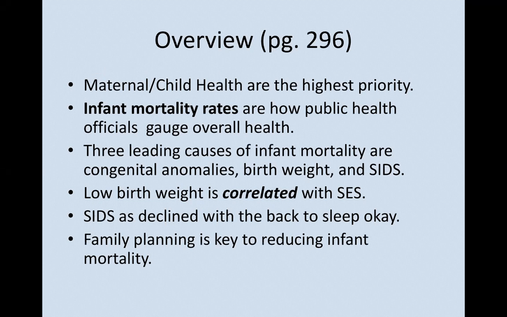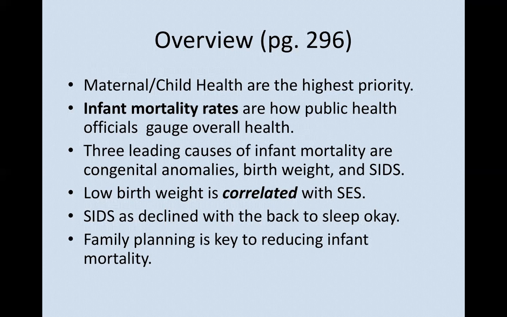So I told you that infant mortality rates are how public health officials gauge overall health, and that low birth weight is correlated with socioeconomic status. So what that means is that the lower the income, the lower the birth weight. And I'm going to tell you that one of the 3 leading causes of infant mortality, this is in your discussion question, and this is going to be a test question, are congenital anomalies, birth weight, and sudden infant death syndrome.